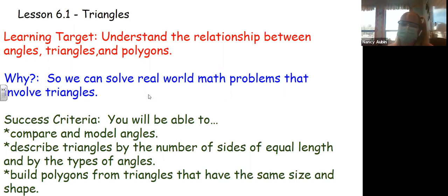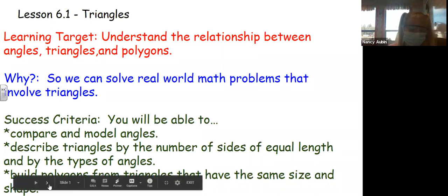We got to comparing and modeling angles. We described triangles by the number of sides of equal length and by the types of angles they had. And we pretty much stopped there. We did build some quadrilaterals from triangles, different triangles, but we didn't get to talk a lot about polygons.